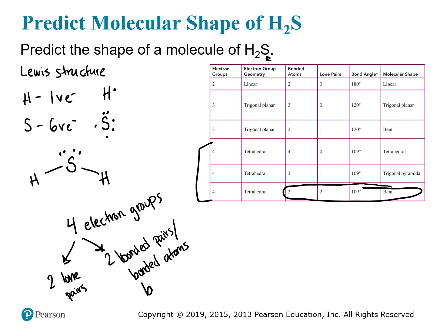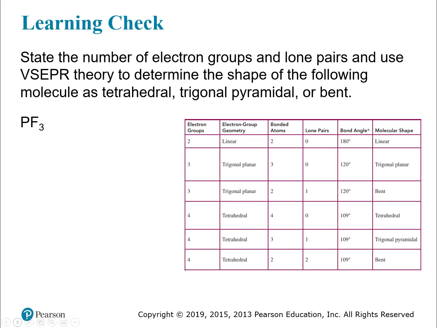So we're looking at bent for the shape. Let's do another one. So this is a learning check. If you feel comfortable, you should pause it and try it. If not, work along with me.